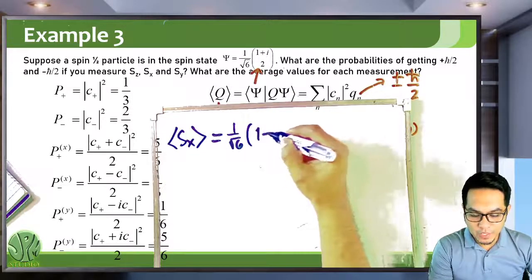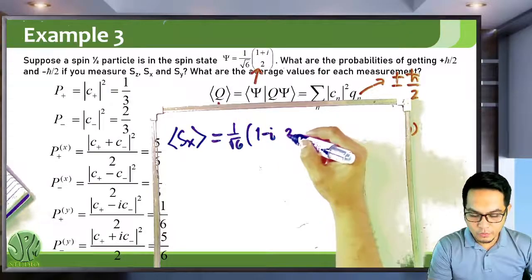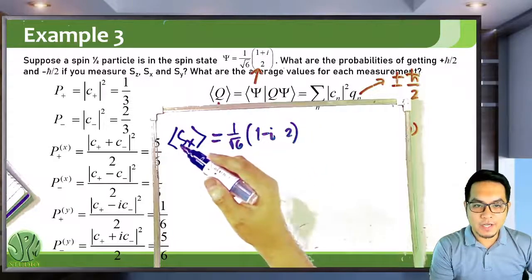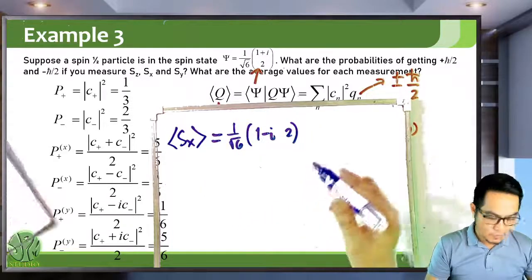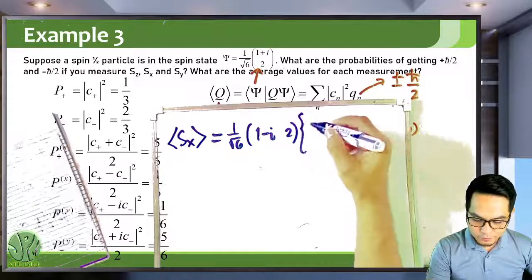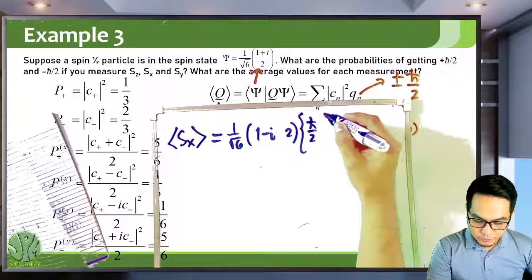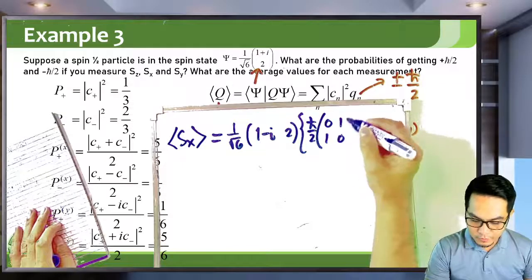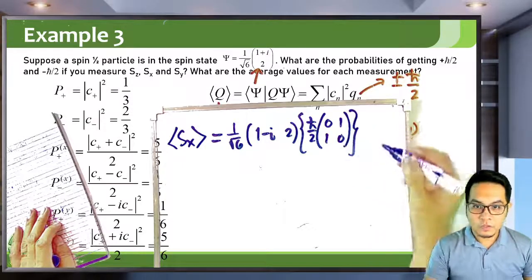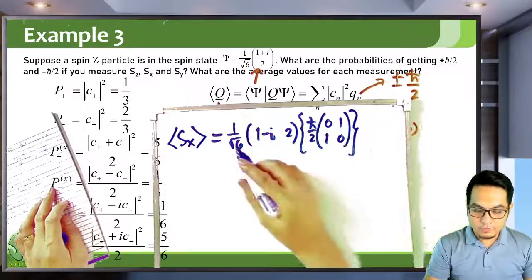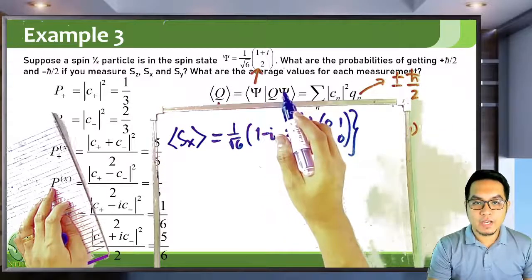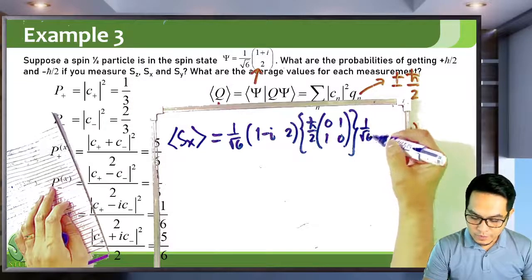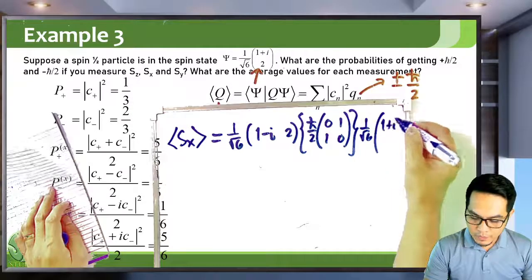So 1 minus I is the conjugate, and then 2, and then our Q here is Sx. The matrix form of Sx is h bar over 2, 0, 1, 1, 0. And then, of course, our original psi, which is 1 over square root of 6, 1 plus I, and then 2.